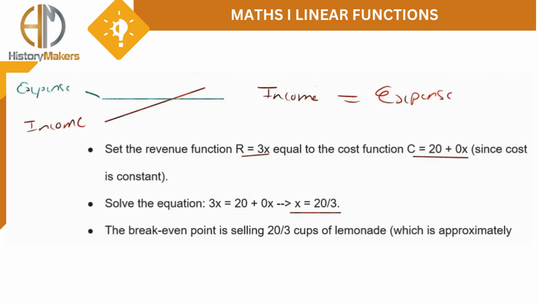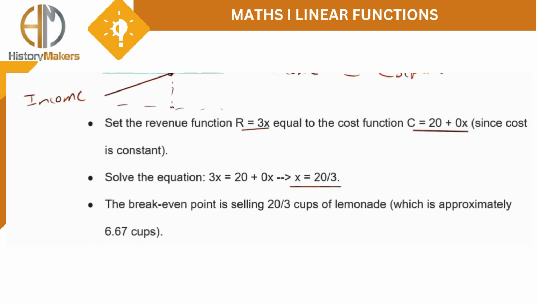Income equals expense. So let's say at this point, the x is 20 over 3. Okay? So the break-even point is 20 over 3 cups of lemonade.